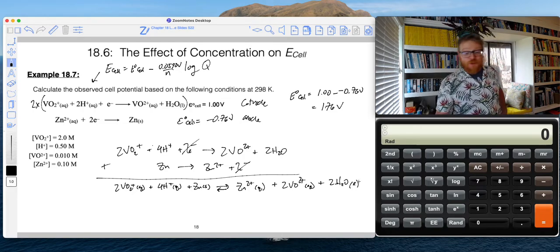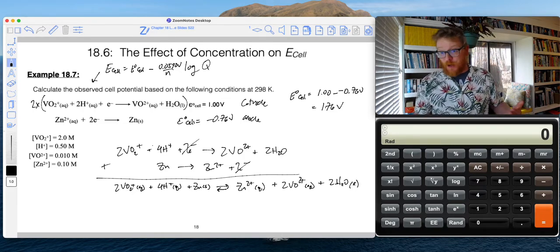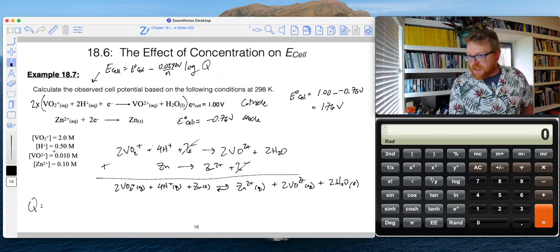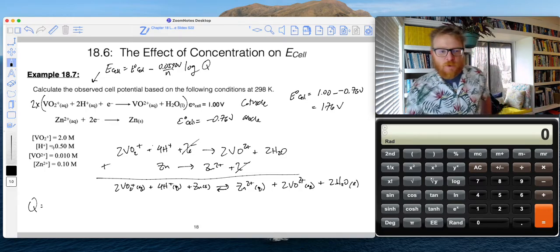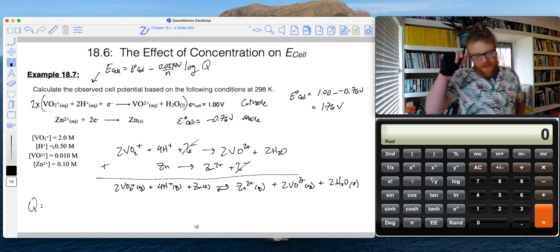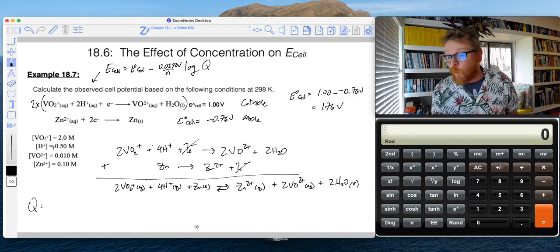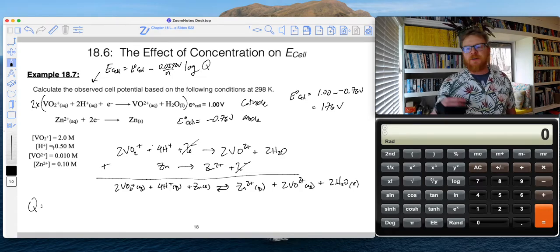And now we have to remember how to get an equilibrium expression out of this. Okay, so I'm going to write that as Q because we're doing this for initial conditions or non-equilibrium conditions. Important to recognize our batteries, when they hit equilibrium, they stop working. So most of the time our batteries are not in equilibrium.